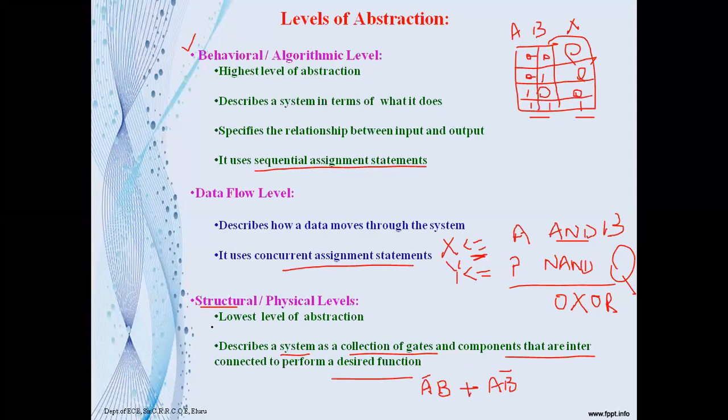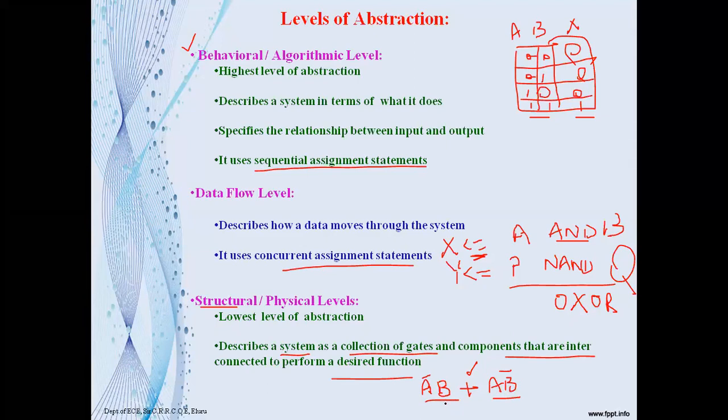Now at the structural level, we use 2 AND gates and 1 OR gate for describing the functionality of the XOR. The XOR function is now described with the help of components.